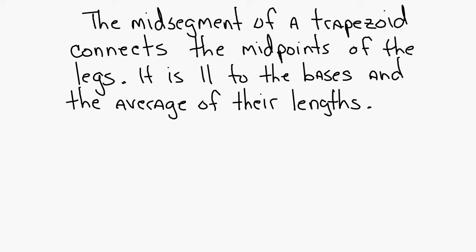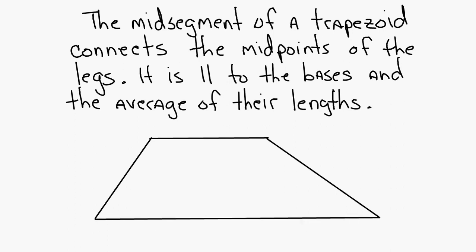So if we draw a picture of this, if we call this trapezoid ABCD, the midpoint of side AB would be right about here. We'll call it X. The midpoint of side CD is about here.